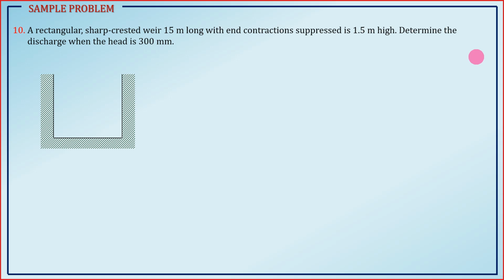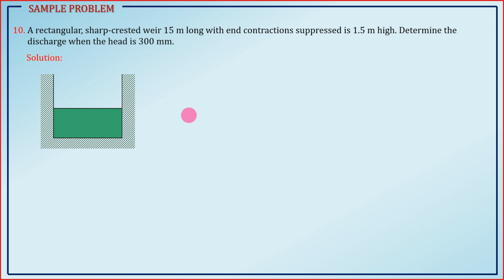A rectangular sharp-crested weir, 15 meter long, with end contraction suppressed, is 1.5 meter high. Determine the discharge when the head is 300 millimeter. So, from the problem, we have a suppressed weir. End contraction suppressed. So, kapag suppressed, full width na weir yan. Walang contractions.